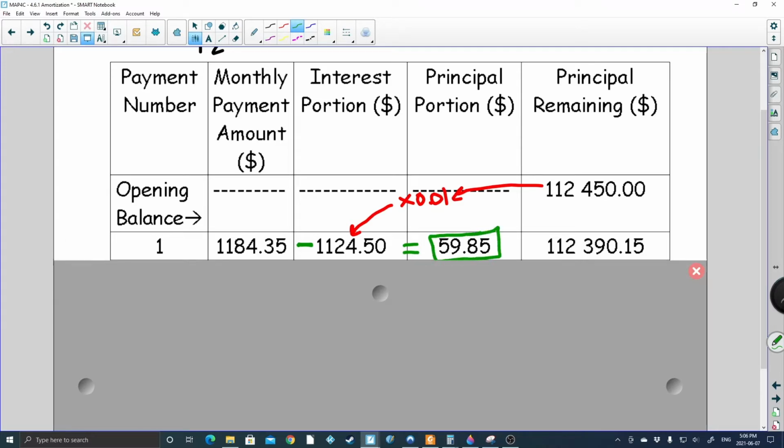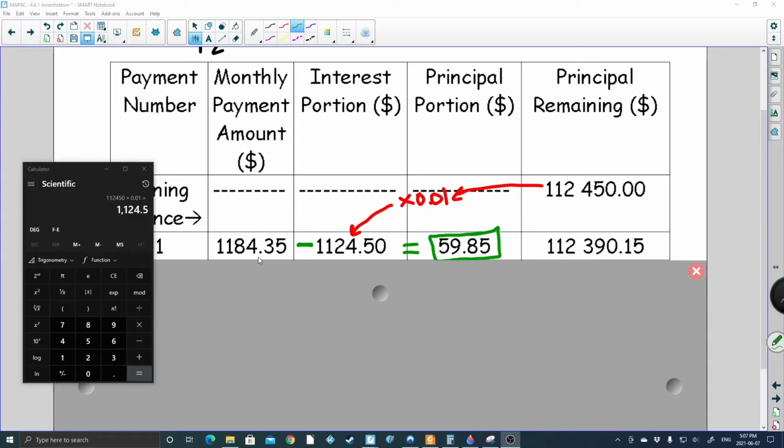So it's just a subtraction of those two values. If we subtract 1,184.35 minus 1,124.5, we get the 59.85.